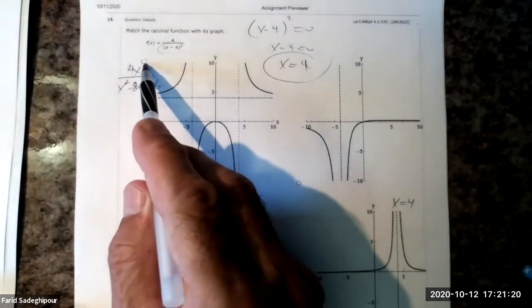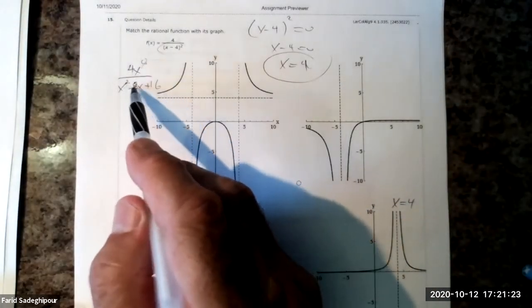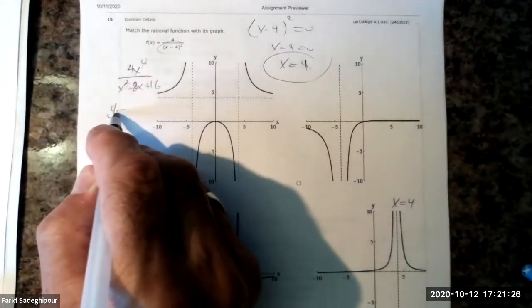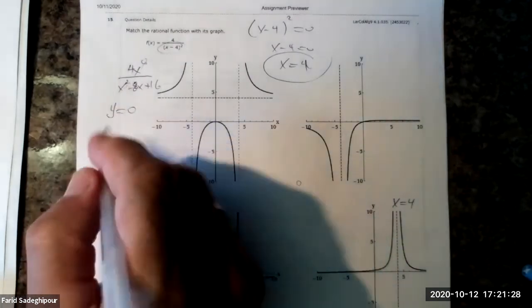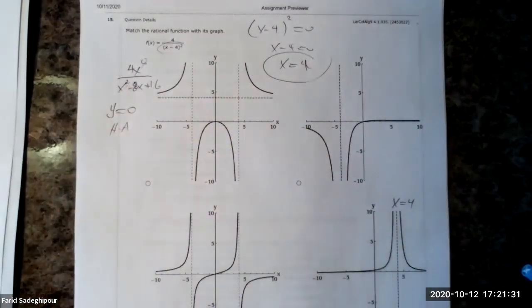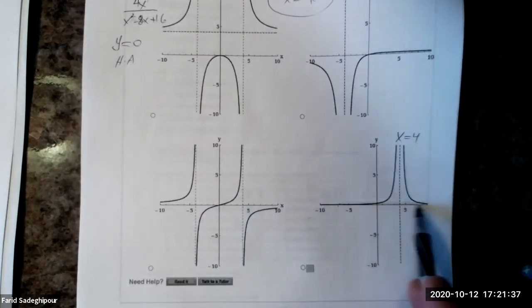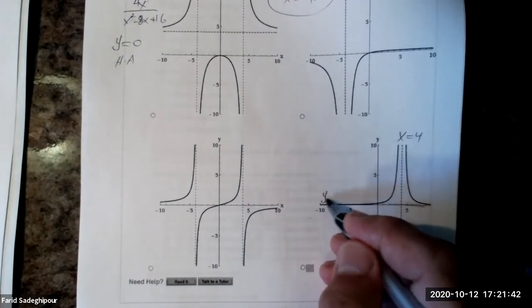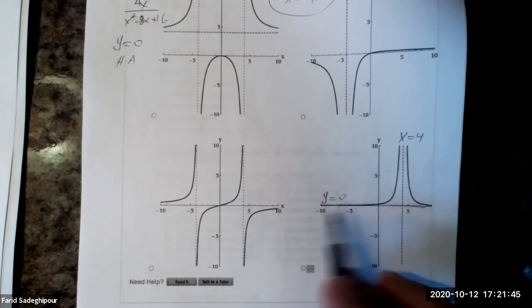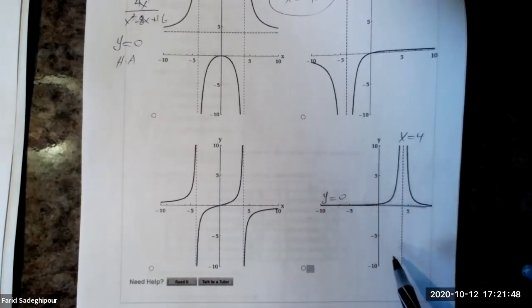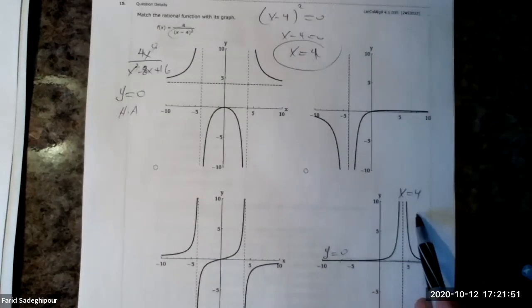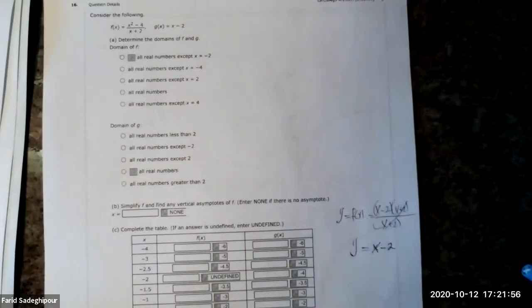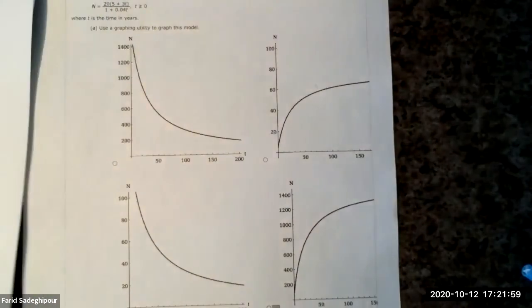If the power of x at the top is less than the bottom, then y equals 0 is one of your asymptotes. It would be your horizontal asymptote. So in this case, this is your horizontal asymptote, which is the line y equals 0, or the x-axis. X-axis is y equals 0. And the other is x equals 4. We should find it here. All right, I think the rest you could figure out.